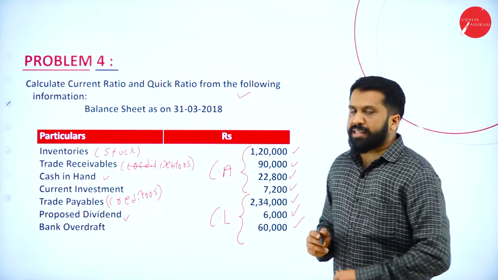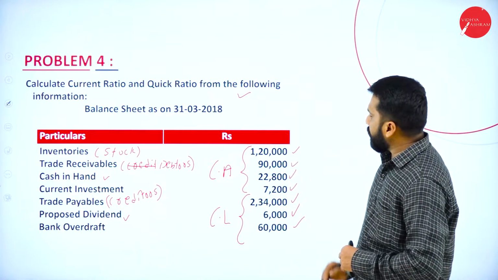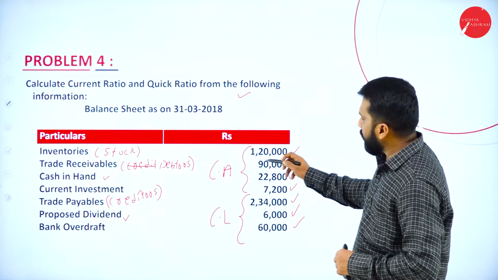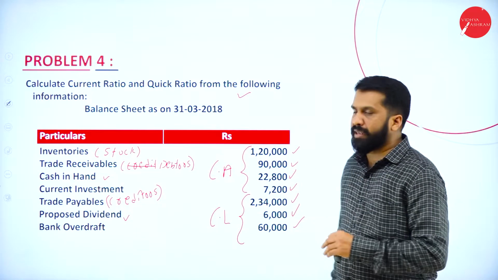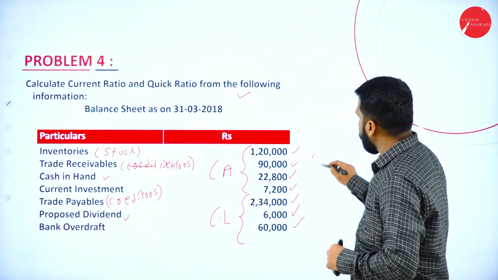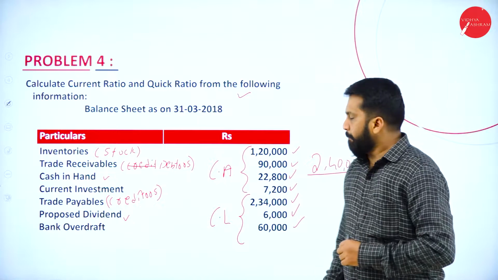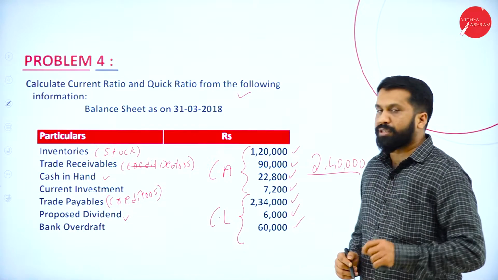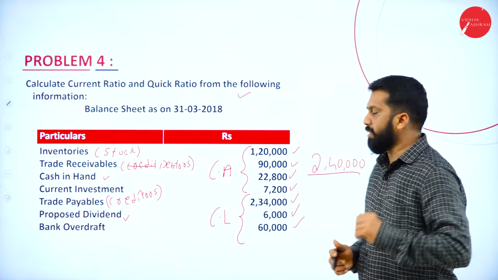Now, these are the current assets and these are the current liabilities. How much is the total? If you go for the total, it will be 2 lakh 10, 2 lakh 32, 2 lakh 33, and it comes around 2 lakh 40,000. And if you go for liability, if you add 2 lakh 34 plus 6, 2 lakh 40 plus 60, it comes around 3 lakh.